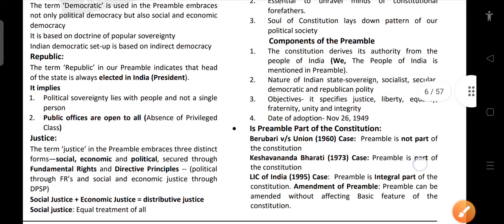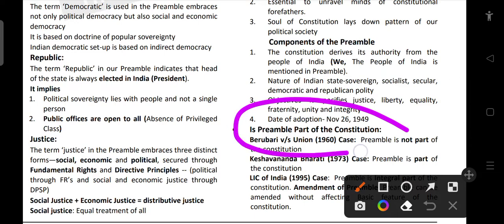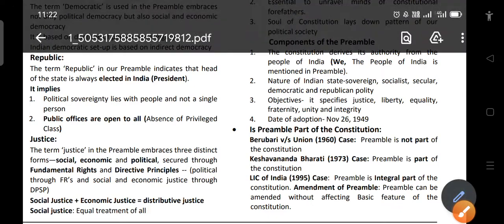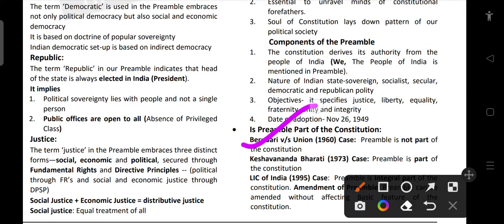Now the last part of this discussion is whether the preamble is part of the constitution or not. There was a big confusion and many Supreme Court judgments were pronounced. Let us look at them. First, in the Berubari case, 1960, the Supreme Court held that the preamble is not a part of our constitution.